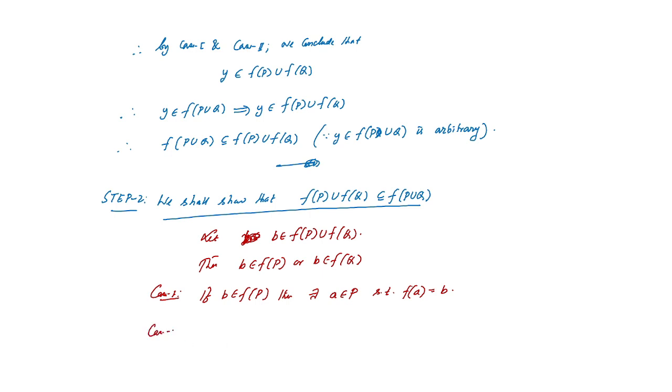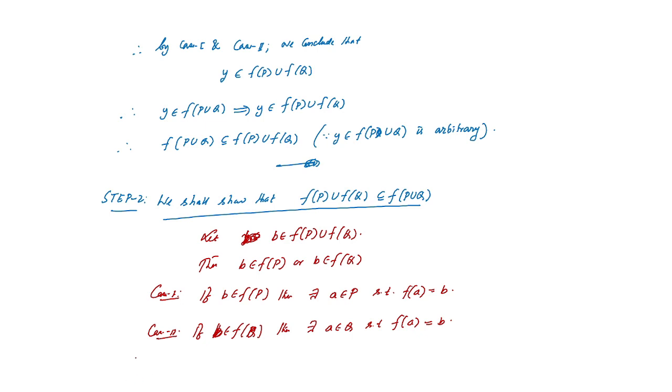And case 2: if b belongs to f(Q), then there exists an element a belonging to Q such that f(a) equals b.